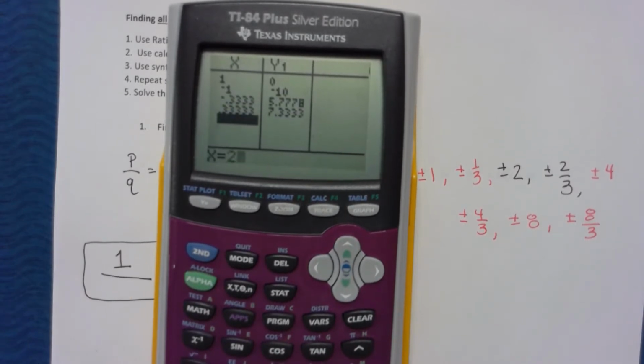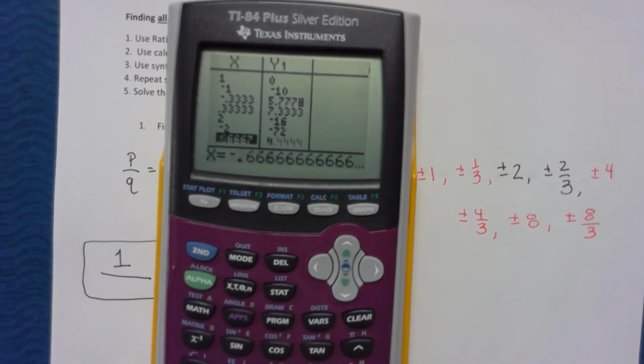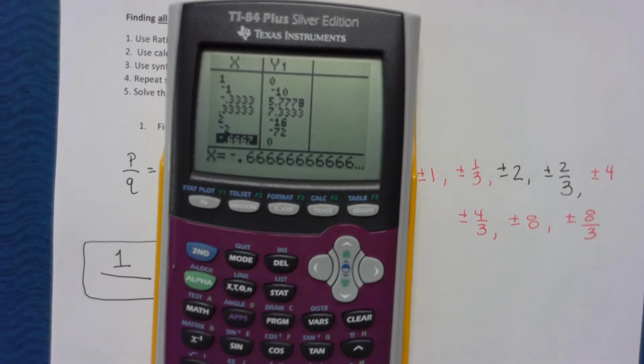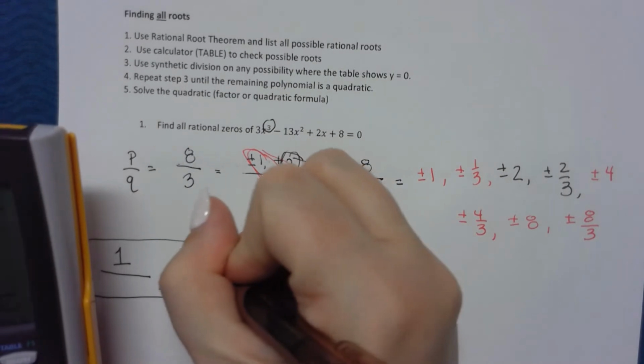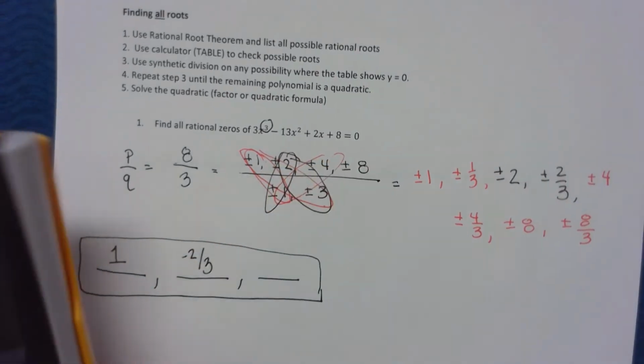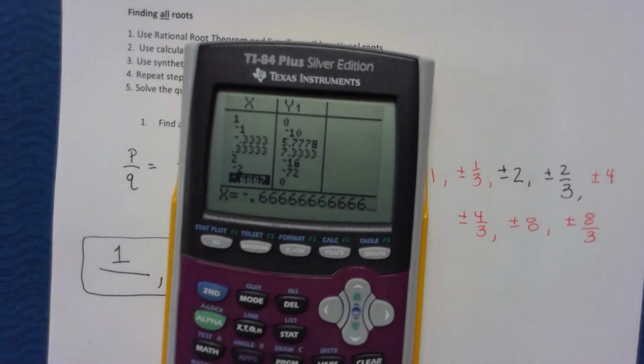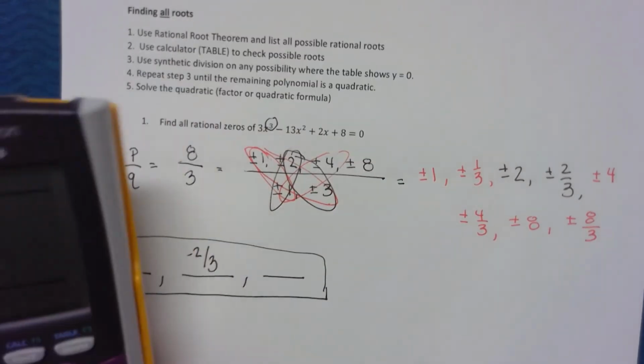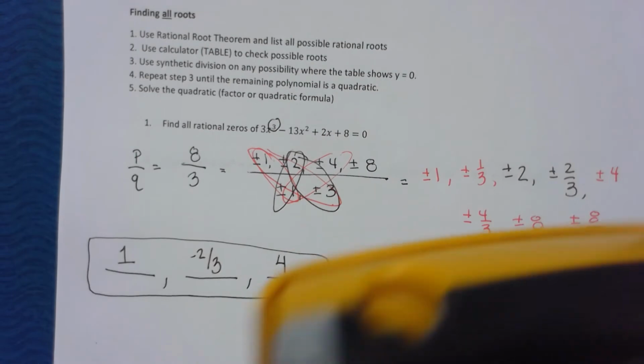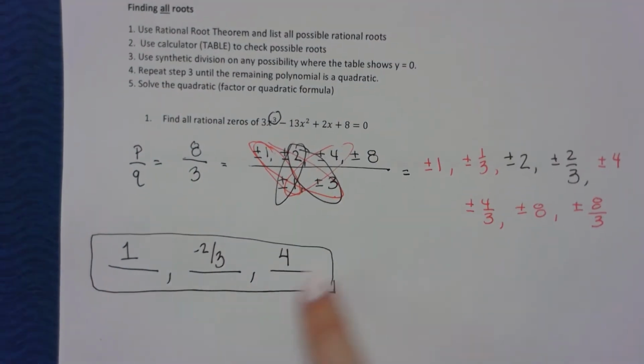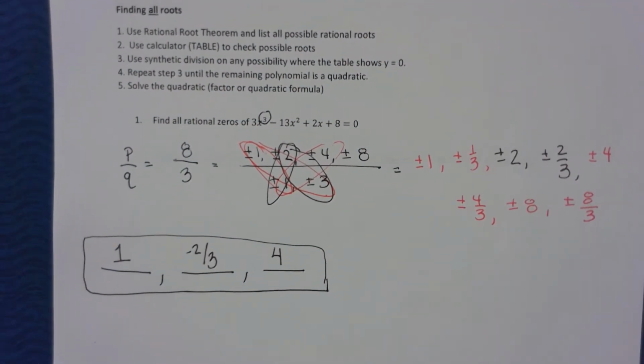Right, and we're going to go through and find all of these. Now it would be kind of annoying. So I just typed in -2/3, so that one worked. And then 4 worked. So I got all of my answers by going through all of my possible answers.